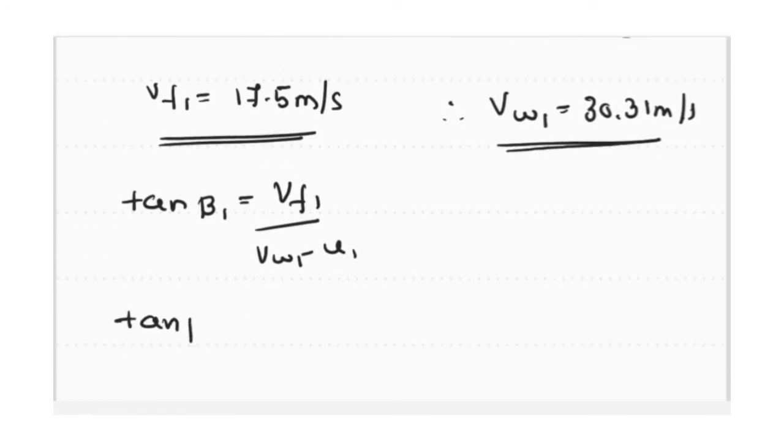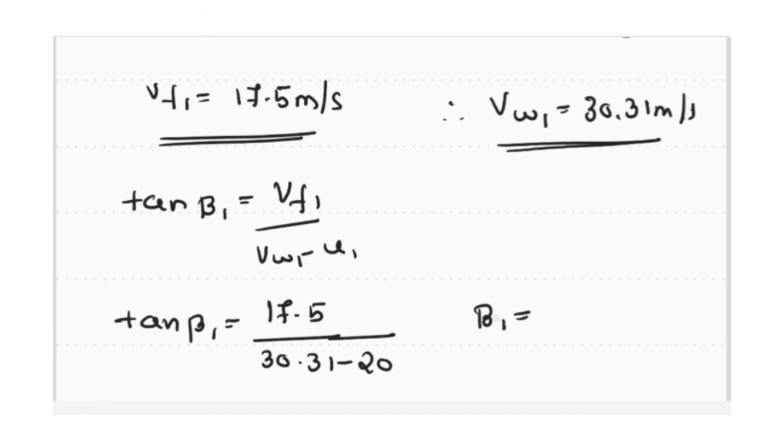So tan beta 1 is equal to VF1, 17.5, over VW1, 30.31, minus U1, 20. So we get the vane angle at inlet beta 1 is equal to 59.5 degrees. So we have calculated the vane angle at inlet.